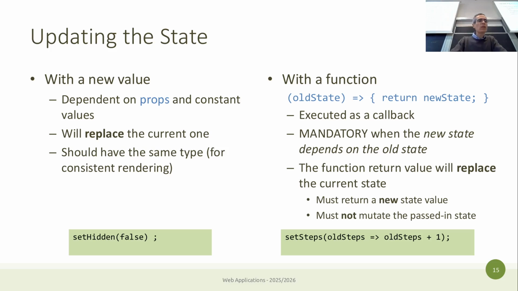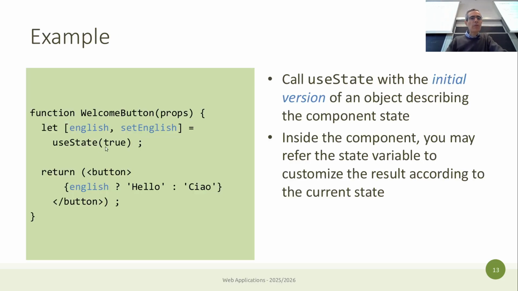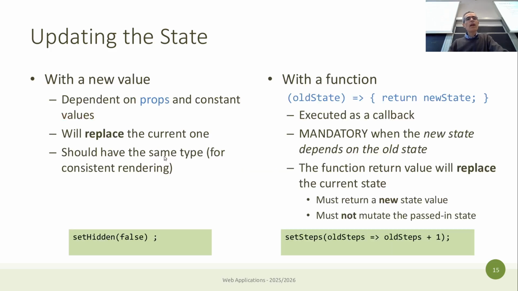We saw the set hidden, the set lang, set English, and so on. Of course we can pass a value, very easy. That's what we did until now: true, false, a number, a string. We had the boolean and the string, right?